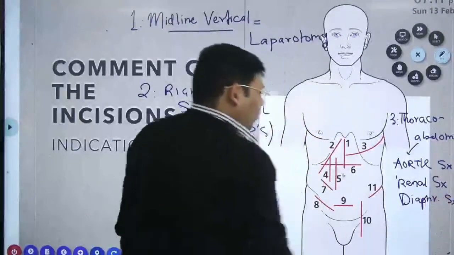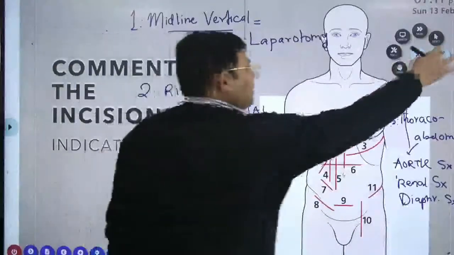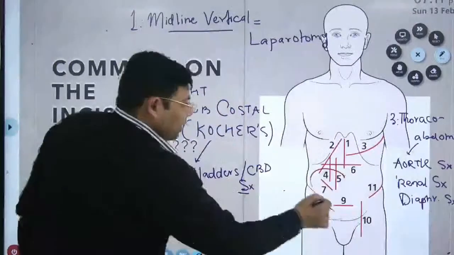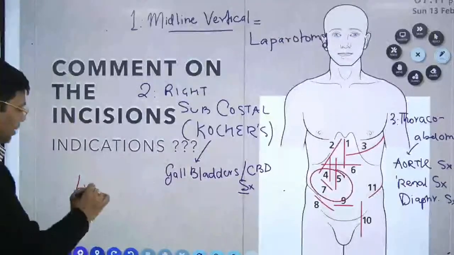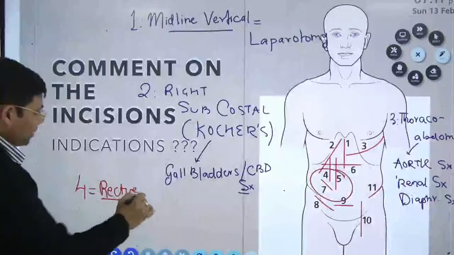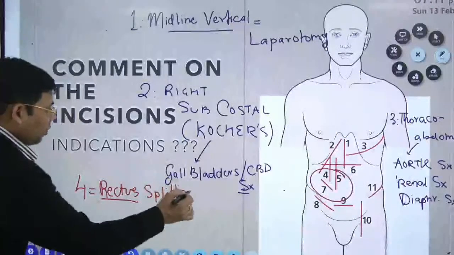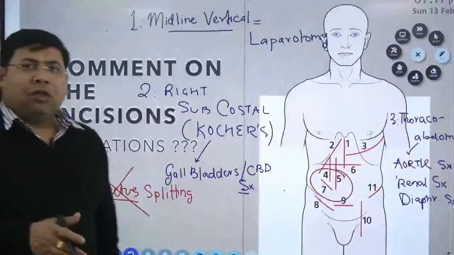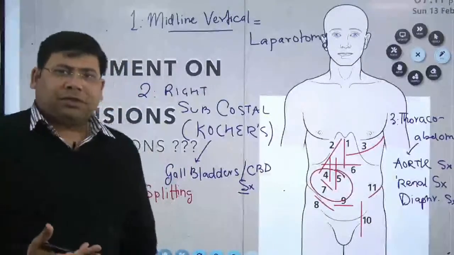Now, what are these incision number 4 and 5? If you see these incision number 4 and 5, they are the incisions which are no more used. Number 4 is rectus splitting incision. What is this rectus splitting incision for? This is an old and obsolete incision which was used for gallbladder, for cholecystectomies, for CBD procedures.